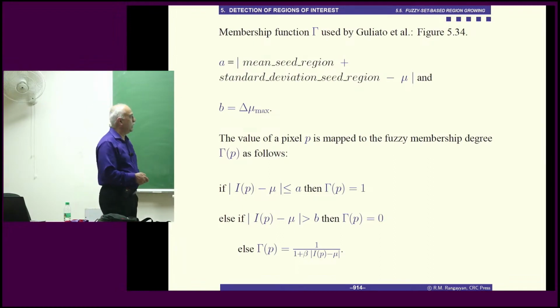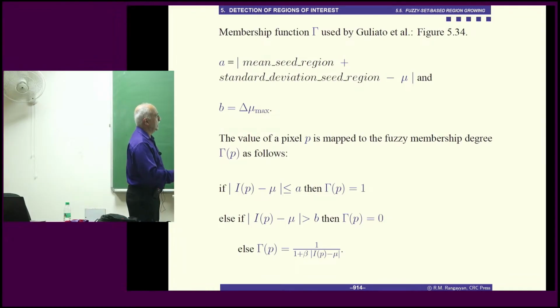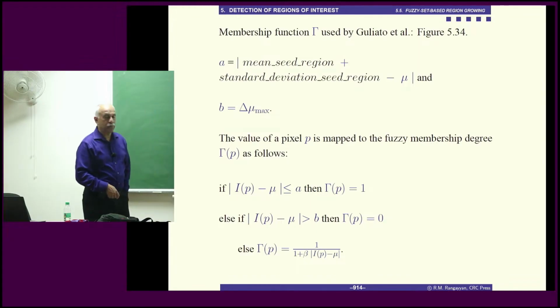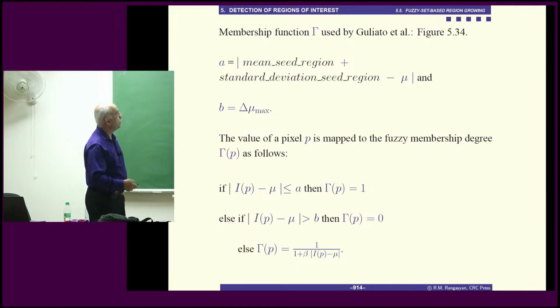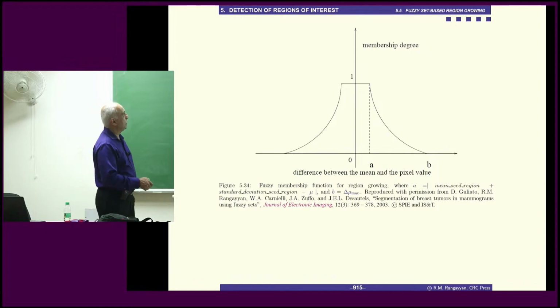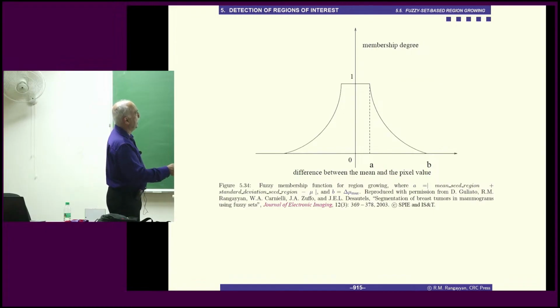The membership is 1. Otherwise, the membership is 0 if it is outside the range B. Otherwise, in between A and B, you have this fuzzy function. This is the same fuzzy function I mentioned earlier. So it looks like this. There is this limit A, below which you give a full membership function, and after A up to B, you give this fuzzy membership, and after that, beyond B, you reject.